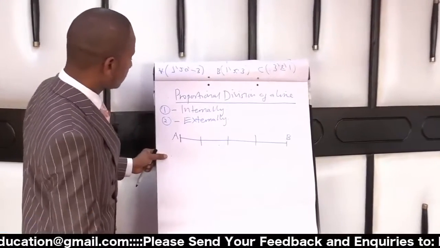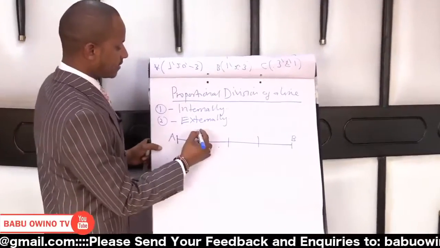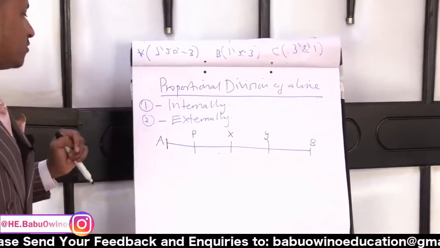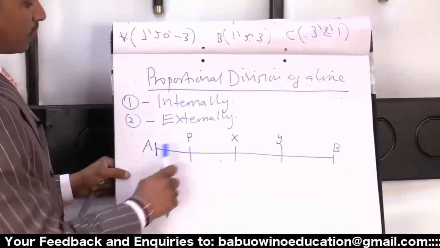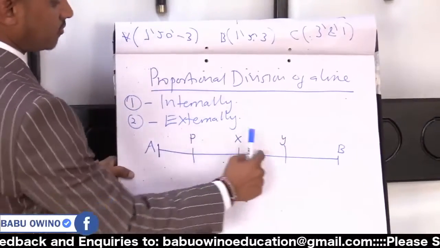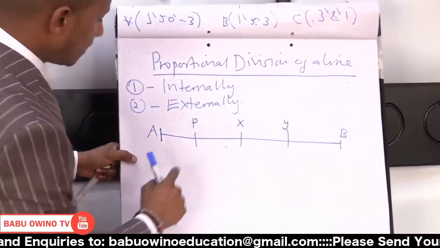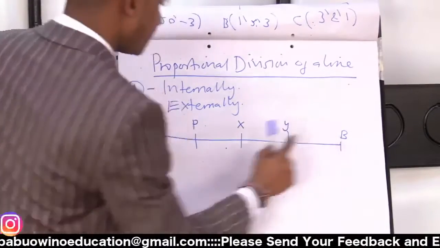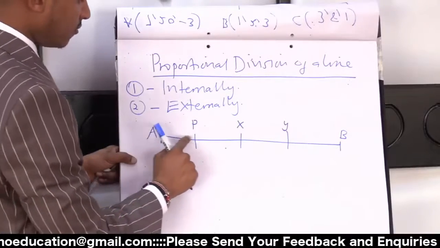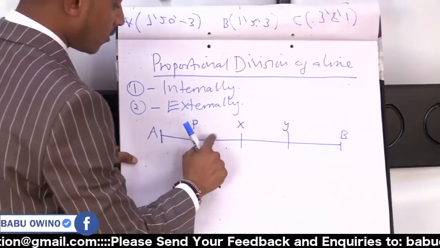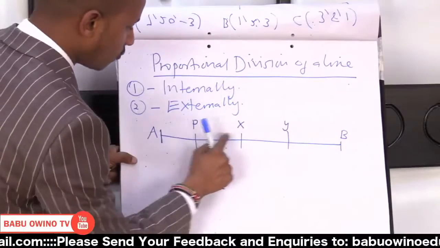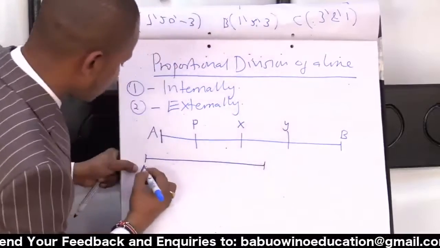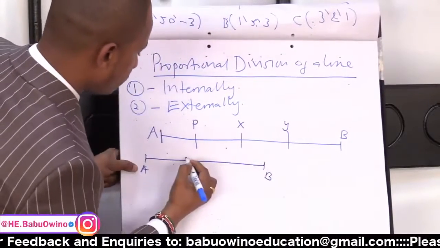Now here, let's say we have a point P, a point X, and a point Y. Just pay attention. Then we pick only one point. These are equal divisions, one portion each. So let's take, for example, a point P. A point P divides line AB in the ratio of 1 is to 3. If I draw it afresh, this is A, this is B, then I put my P here.